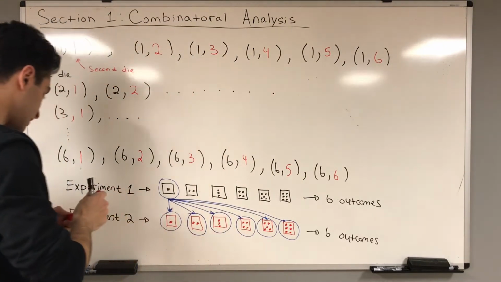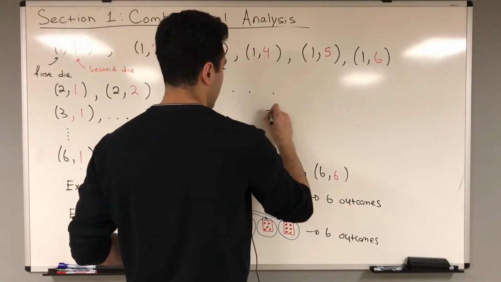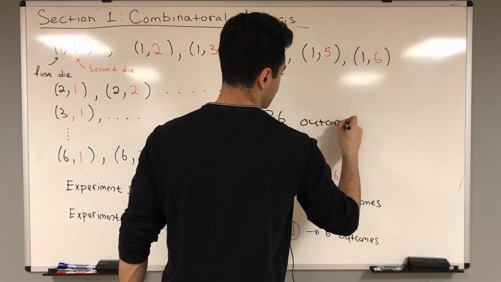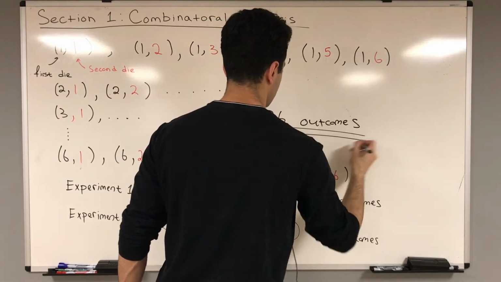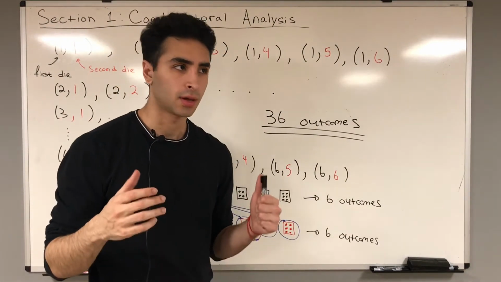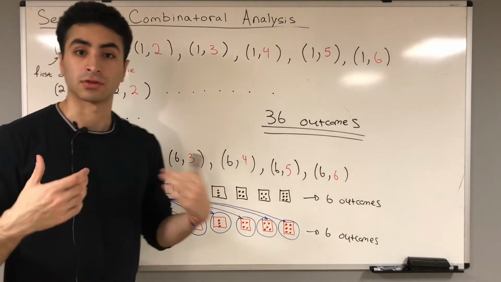So in this example, the question was asking how many outcomes, so we got 36 outcomes just by listing it out. And if you guys noticed, that took a while, and I didn't even list it out because it would take even longer.